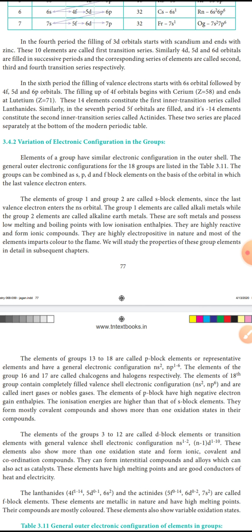They possess low melting and boiling points with low ionization enthalpy. S-block elements are highly reactive and form ionic compounds. They are highly electropositive in nature. Most of the elements impart color to the flame.